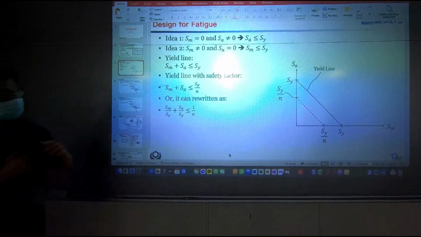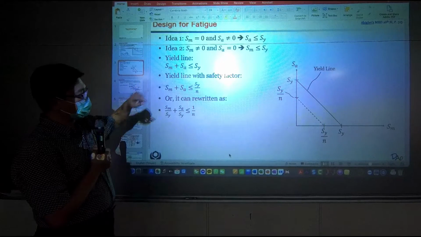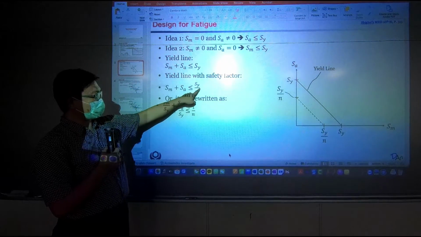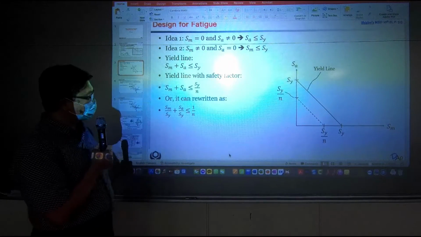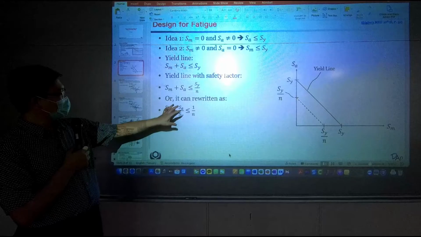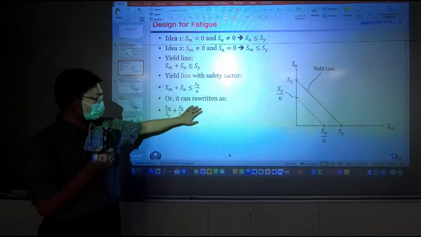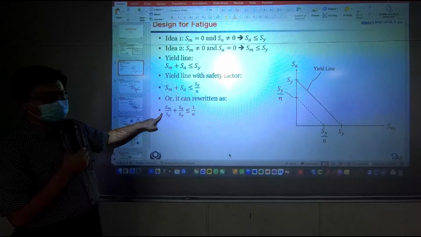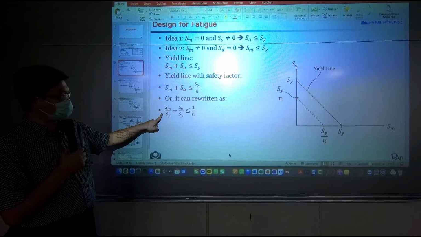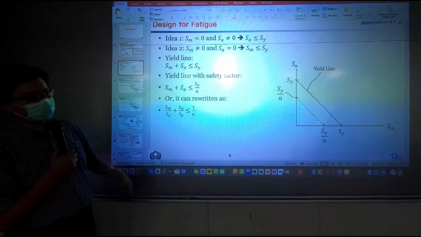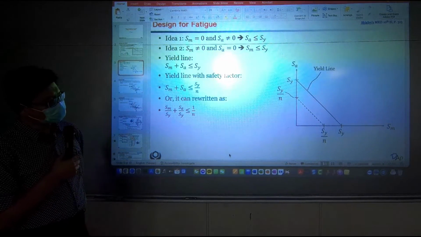The easiest idea is to do this. And if you want to apply a safety factor, put it on the bottom of the right-hand side. Or we would like to rewrite this into this format, because this equation would look much more similar to the other two models.